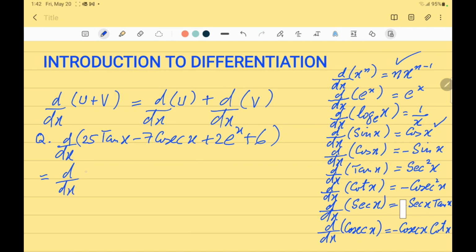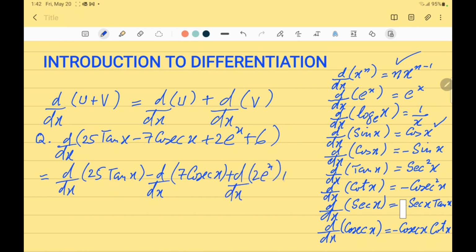We will write d by dx of 25 tangent x minus d by dx of 7 cosecant x plus d by dx of 2 e to the x plus d by dx of 6.